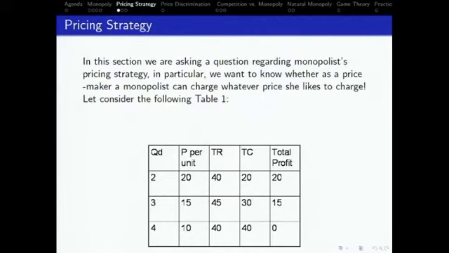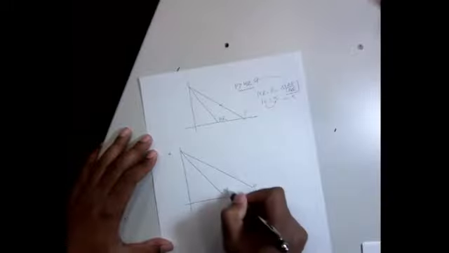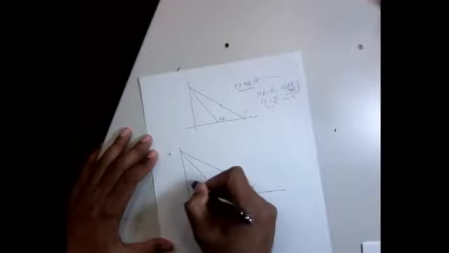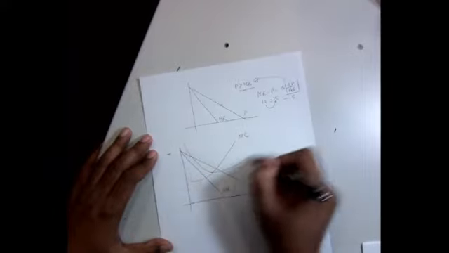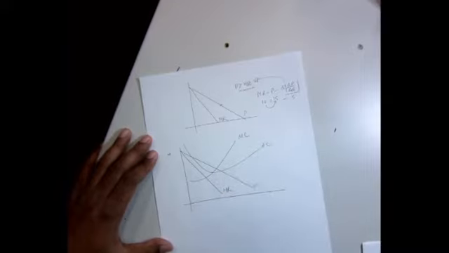So now I'm going to show you with the doc-cam what that means. Suppose, can you see that? This is a monopolist, so this is the price, this is the marginal revenue, this is the marginal cost, and this is the average cost. Clear? Okay.